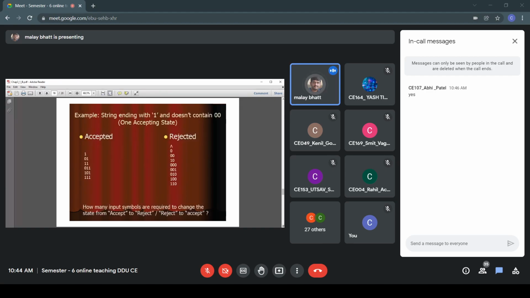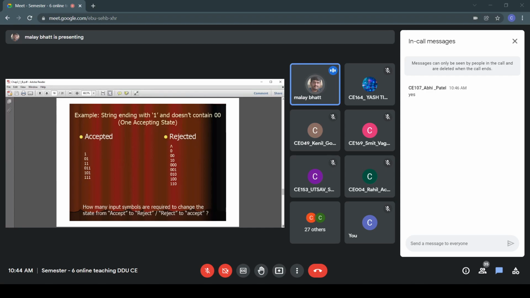Now we have a string ending with 1 and does not contain 0 0. So here we have two criteria: the string must be ending with 1. If we find the elements, we get 1, 0 1, 1 1, 0 0 1, 1 0 1, 1 1 1.